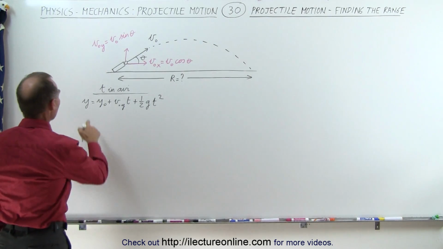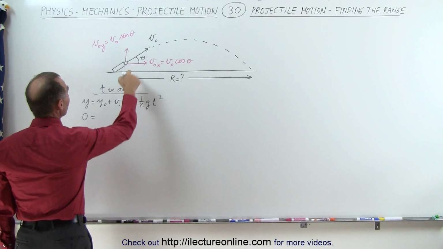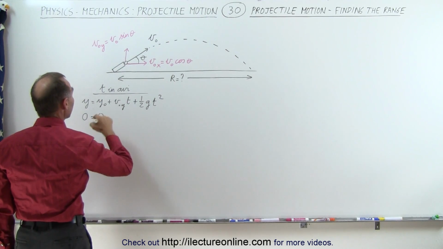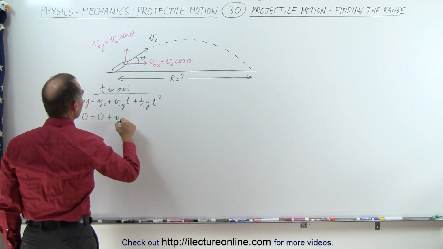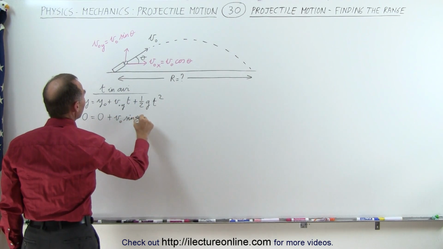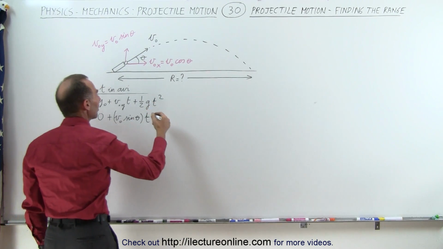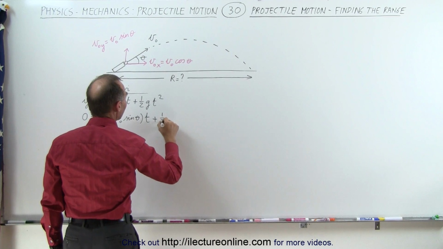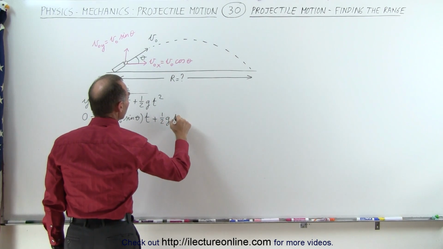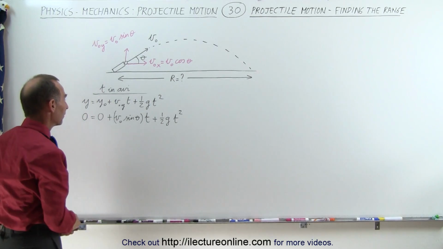Plugging in the numbers, final height 0 when it lands on the ground, initial height 0 when it leaves the cannon here, plus v initial in the y direction, which is v initial times the sine of theta multiplied times t, and a minus, well, leave it as a general term. I'll just go plus 1/2 gt squared, of course, realizing that g is a minus 9.8 meters per second squared.